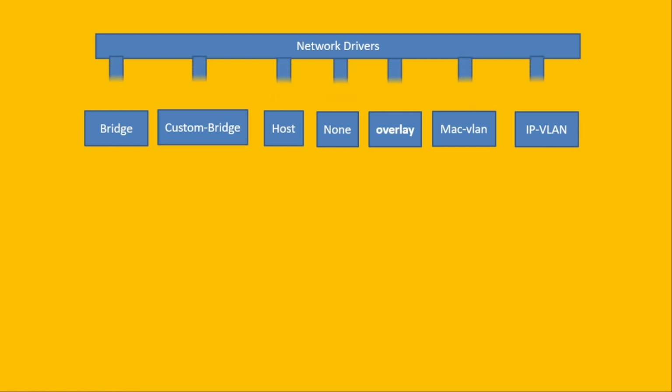One of the main reasons that Docker containers and services are so powerful is that you can connect them together or connect them to non-Docker workloads. We can manage the networking of containers with the help of network drivers. Although there are many network drivers available for Docker engine, we will talk about the most commonly used drivers: none, host, bridge, custom bridge, overlay, IPvlan and Macvlan drivers only.